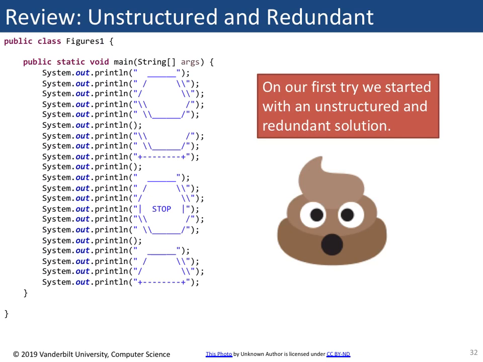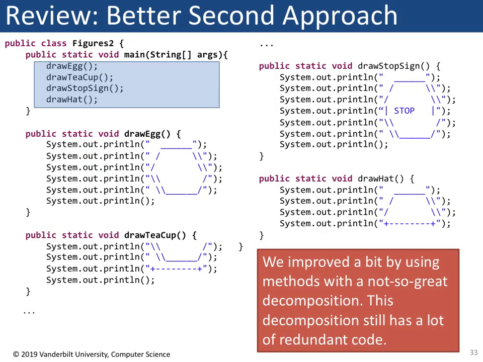So initially we had a very unstructured and very redundant solution with no documentation. By introducing methods and decomposing the problem into pieces, we were able to recognize that we would like to draw each of the shapes using a dedicated method. That way, if we wanted to draw more of the shapes, it would not require copy and pasting code, but simply an additional call to the method which draws it.